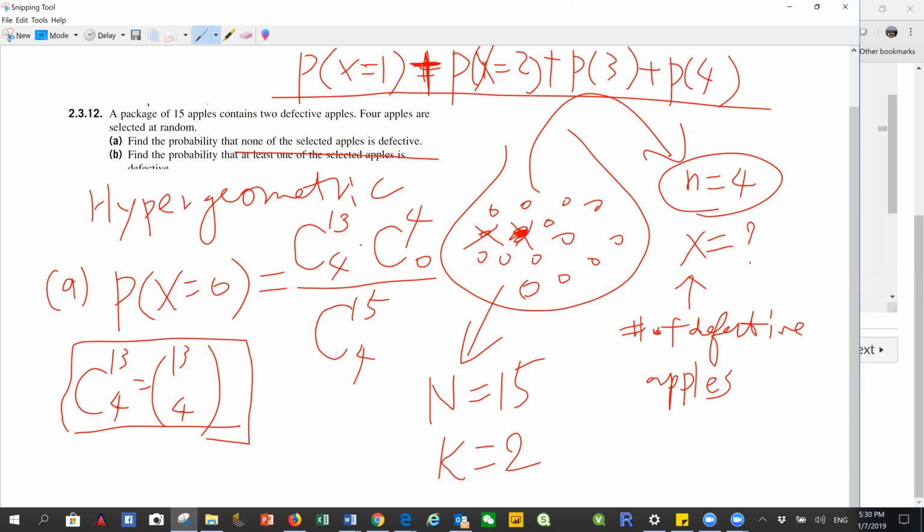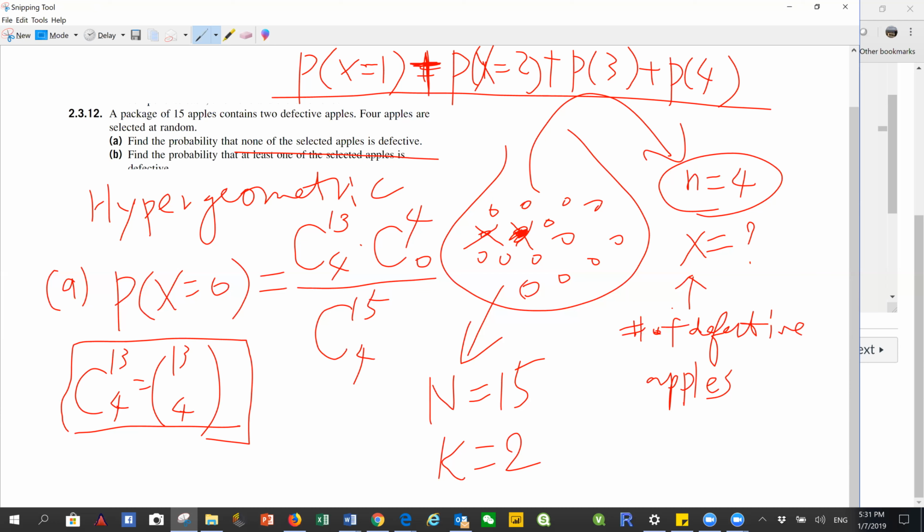So you have to plug in this formula 4 times. For example, the first one is 13 choose 3 good times 2 choose 1 bad over the same denominator, plus 13 choose 2 good times 2 choose 2 bad over the same thing, and so on.